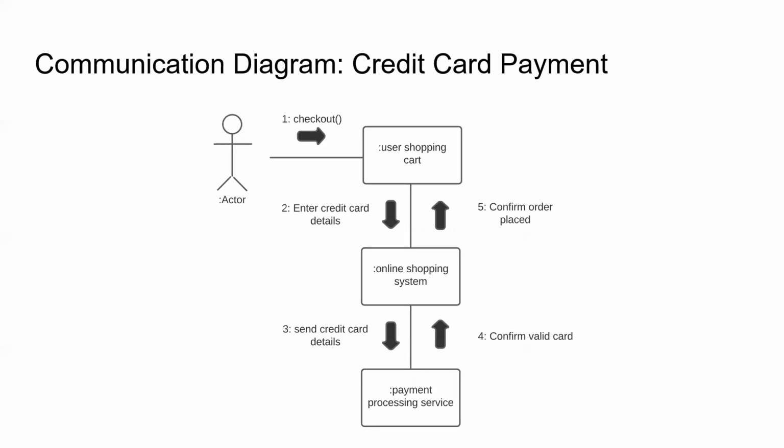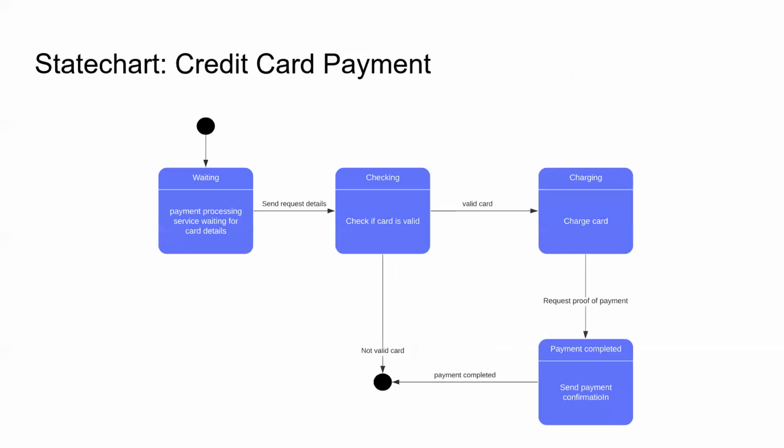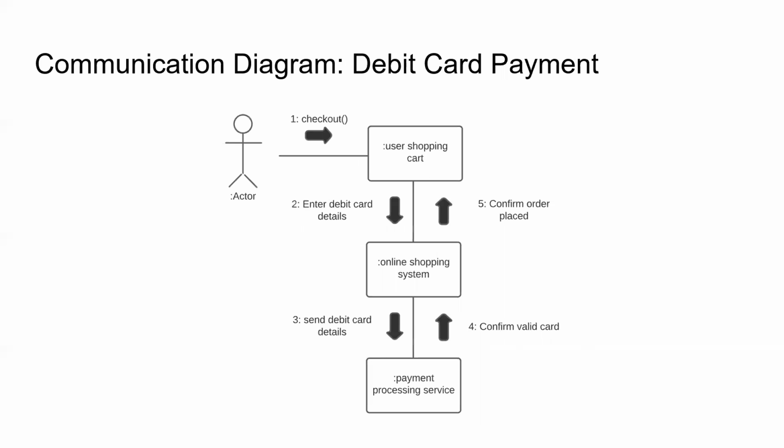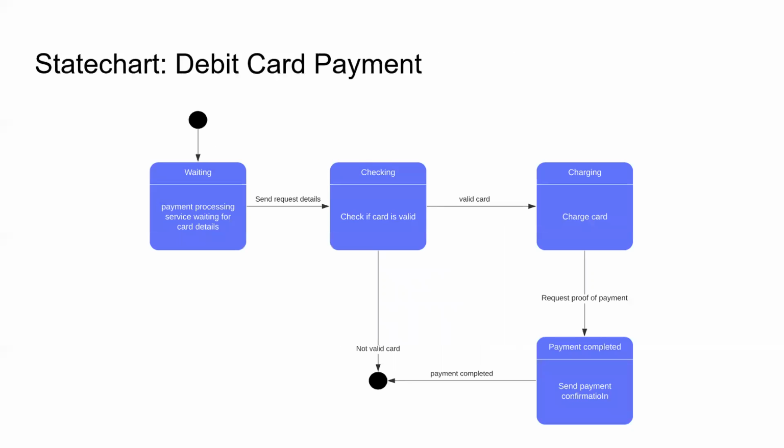And here's the credit card payment, where the user checks out and goes through the online shopping system to go to the payment processing service and back. And there's the corresponding state chart for that, the waiting, the checking, charging, and the payment completion. And then the debit card communication diagram is very similar to the credit card, as well as its state chart.